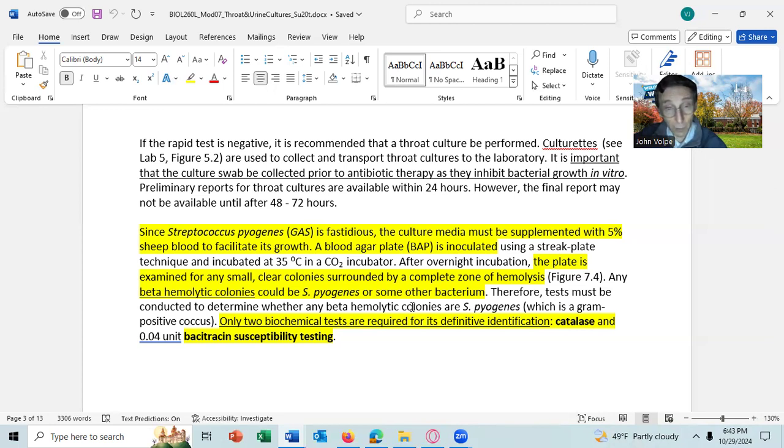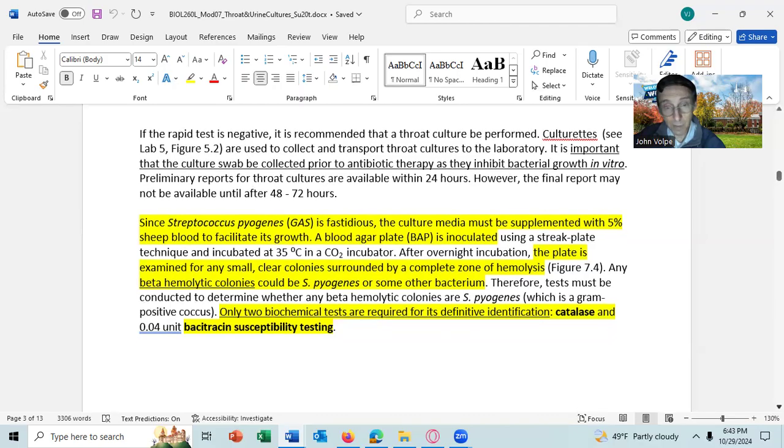You only need 2 biochemical tests to make a definitive identification for Streptococcus pyogenes. Once you have beta hemolysis on a blood agar plate, you can run the catalase test and the bacitracin susceptibility test to show that it's Streptococcus pyogenes.